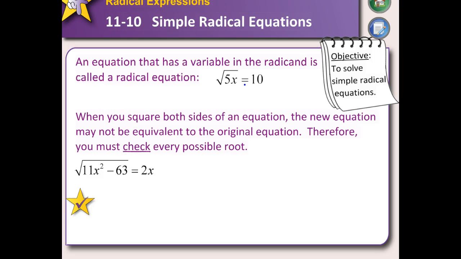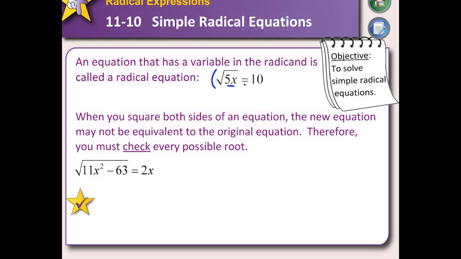Remember, Mrs. Burton's battle cry was isolate the variable by inverse operations, and that's what we need to do in this section. Just for a real quick refresher, if I need to isolate x, x is inside the radical. What am I going to have to do to get x outside of the radical so I can solve for it?